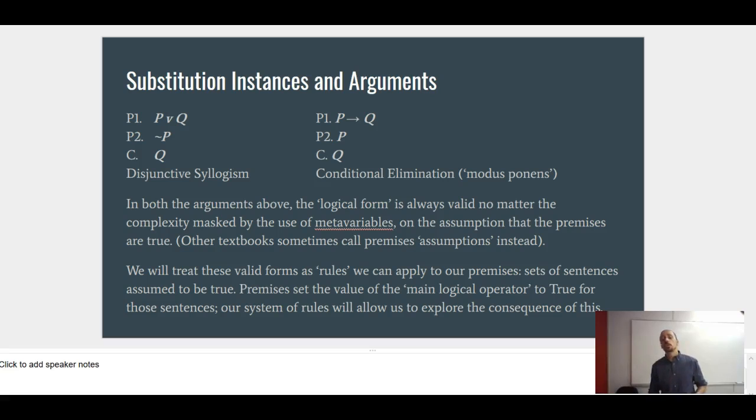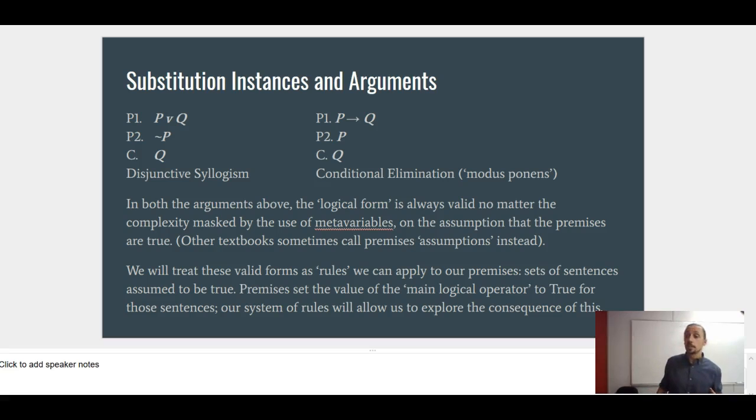So when we're using a derivation system, typically what's going to happen is that we're going to have a set of premises that we assign the value true to, which means that the main logical operator has property T. And from these assumptions or premises, we should be able to derive further sentences. Every sentence that can be further derived from the premises could be a conclusion. Sometimes we're going to have a target sentence.